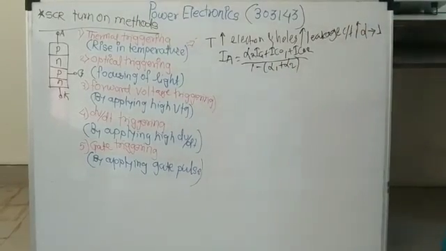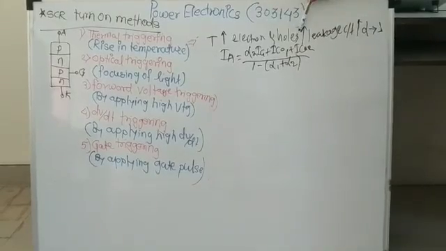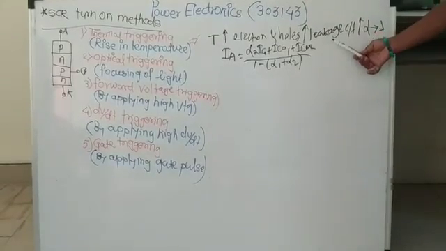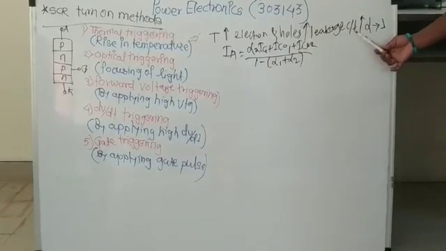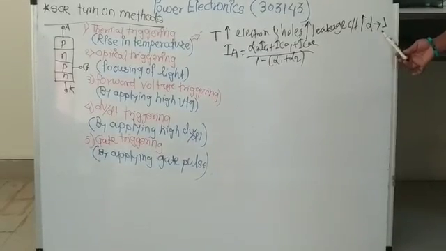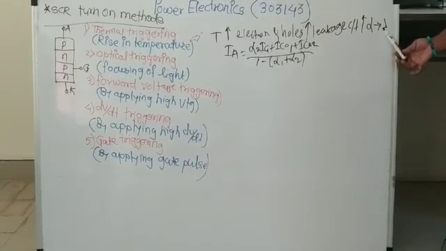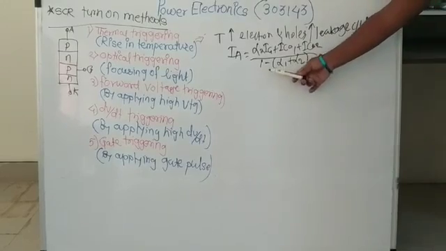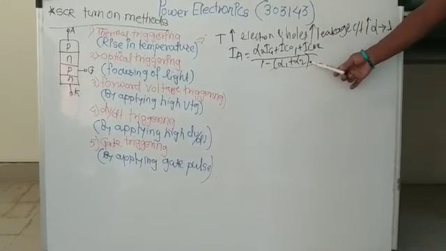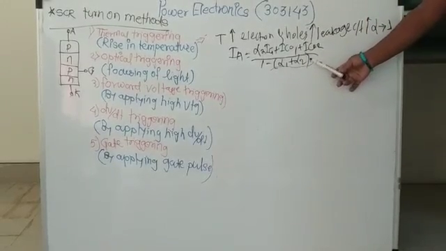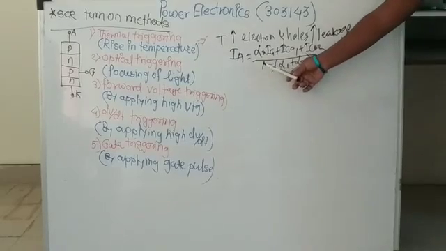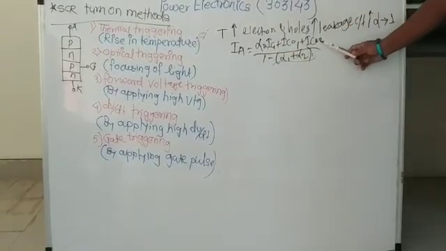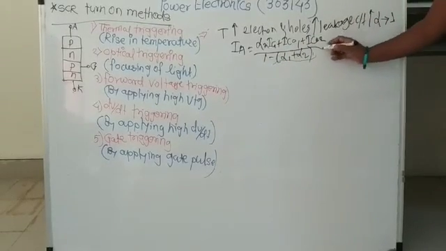As I already told, temperature increases means electron hole pairs get increased. As electron hole pairs increase, your leakage current increases. As leakage current increases, alpha tries to become 1, unity, means alpha 1 plus alpha 2 this value gets increased. As alpha 1 plus alpha 2 increases, it tries to become unity or 1, then 1 minus 1 becomes 0, means this equation tries to become infinity.